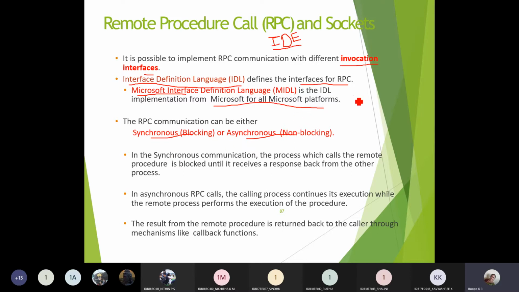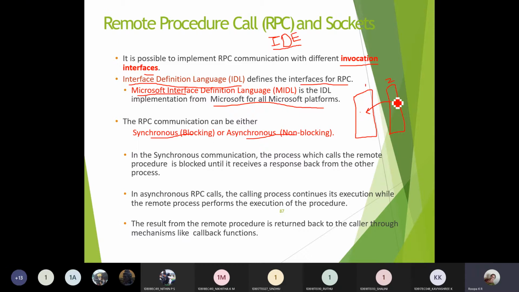I'll tell you the difference between synchronous and asynchronous. Let me assume you have two different processes, process 1 and process 2. Suppose process 1 requests data from process 2. First, process 1 will send a request to process 2 asking for the data.